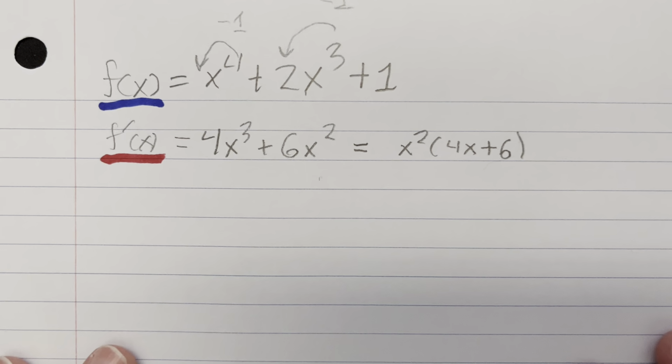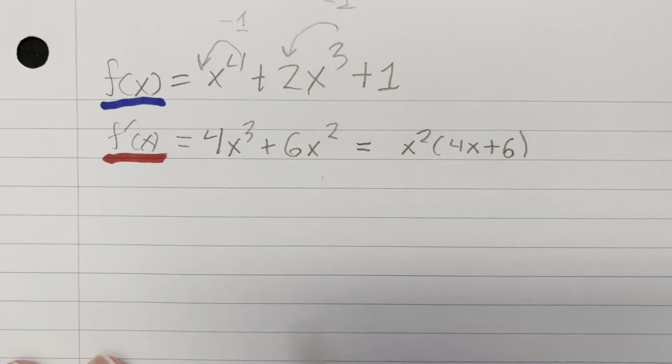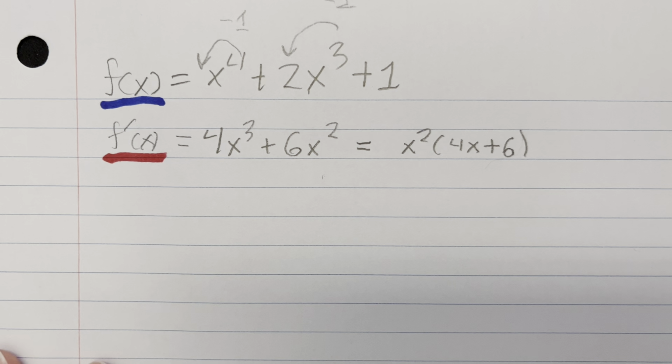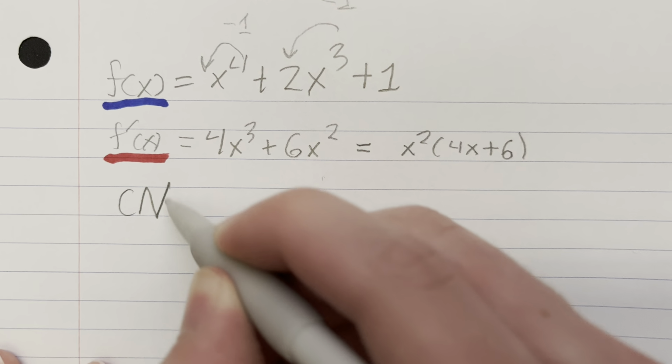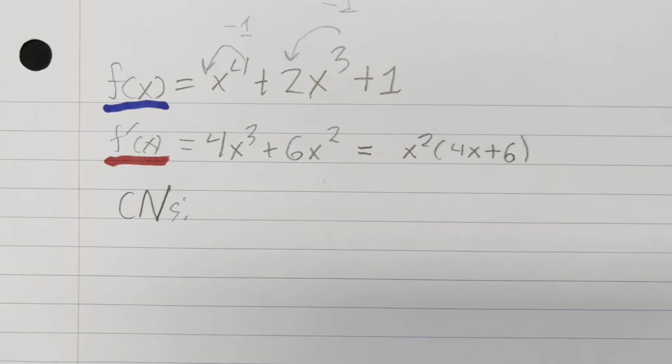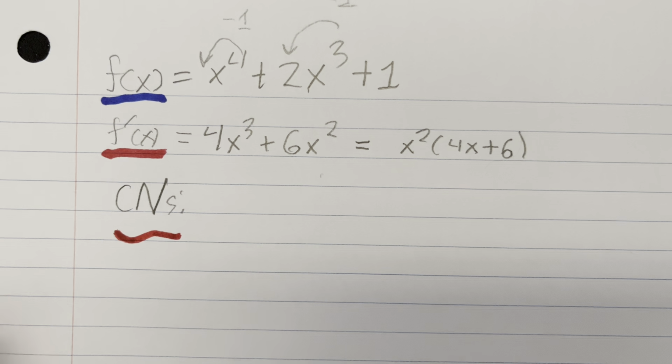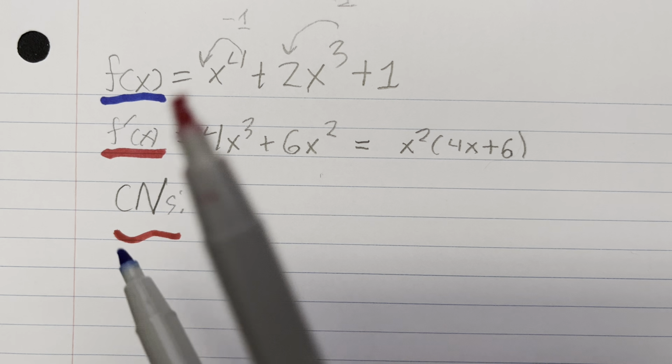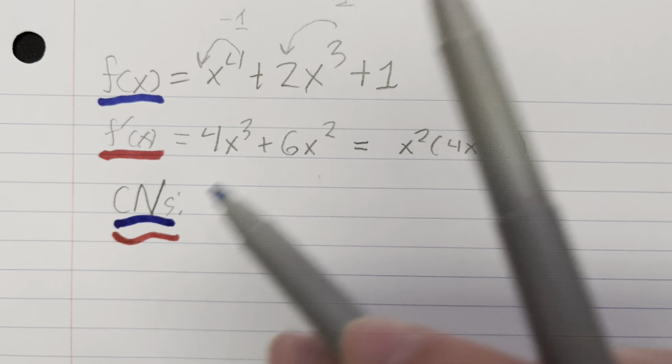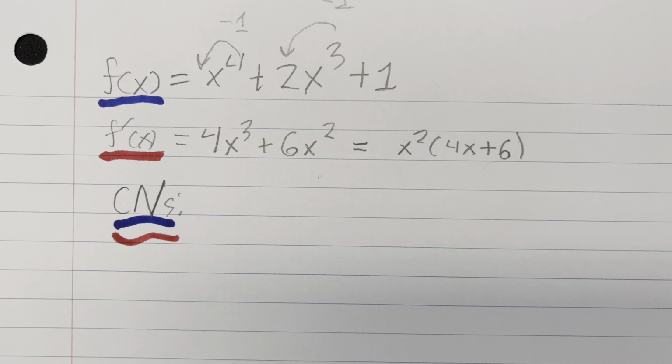So now let's begin. We can draw a number line, or in my case, I like to find critical numbers first, right? Critical numbers involve both our derivative and our original parent function, because they're the critical numbers of f of x, but we're finding where the zeros are, or the locations where f prime of x does not exist, right?